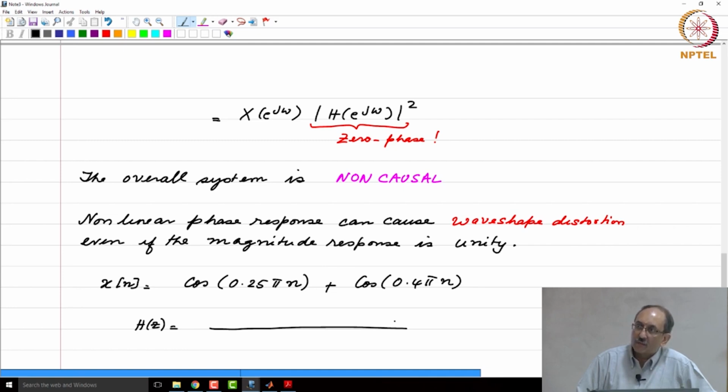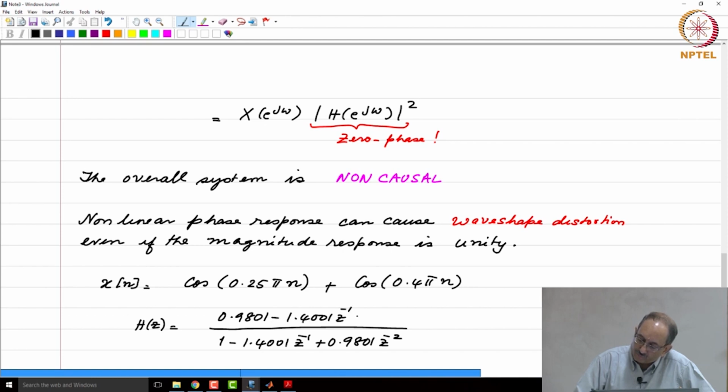All pass clearly has unit magnitude response. Therefore, the corresponding numerator, because it is all pass, is this.